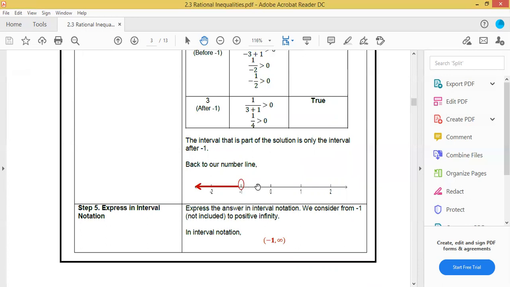Again, the correct shading is from negative 1 going this way with an arrow, since after negative 1 is the one with a true value. So we express it in interval notation. We use a parenthesis. Why? Because it's an unshaded circle. Negative 1, comma, positive infinity.